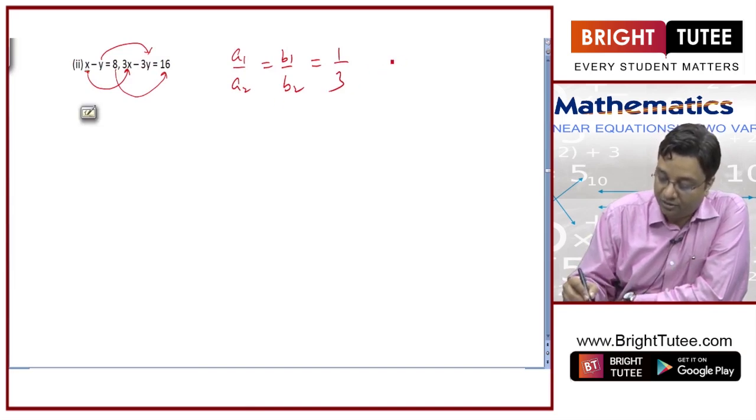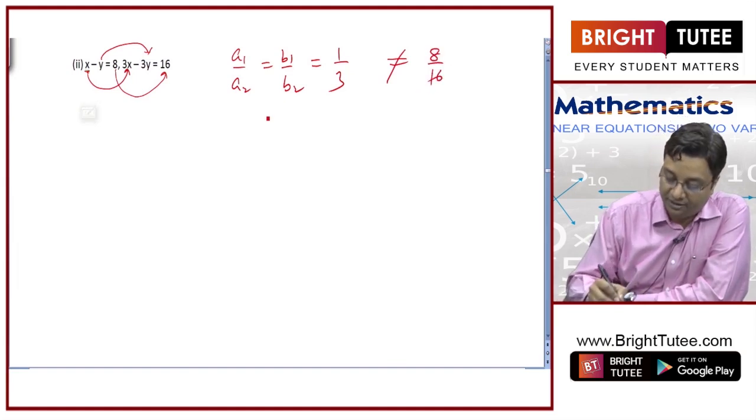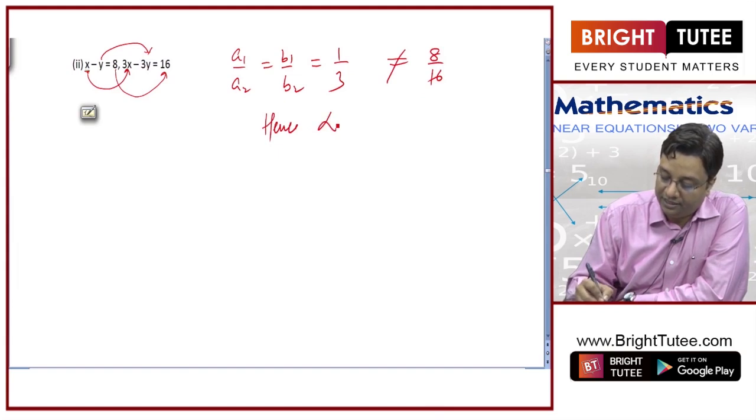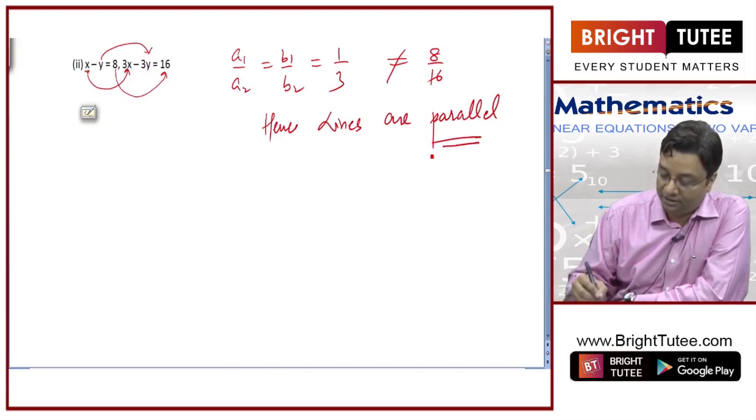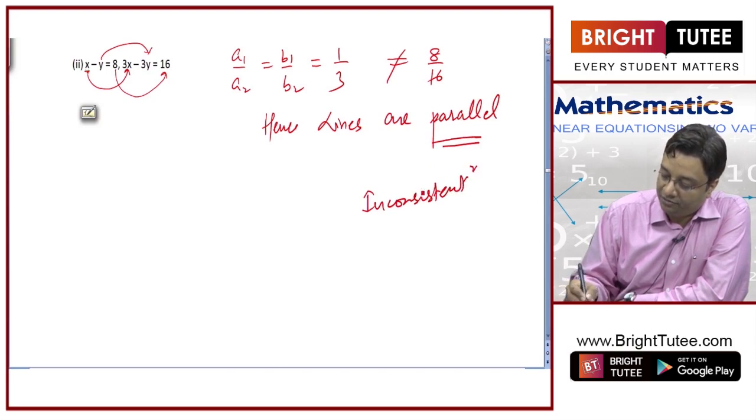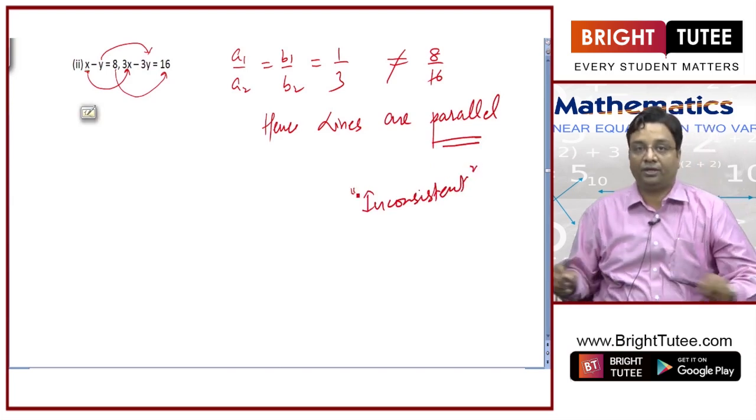But it is not equal to 8 by 16. Hence, lines are parallel. So the pair of linear equations is inconsistent, and we don't have to go any further.